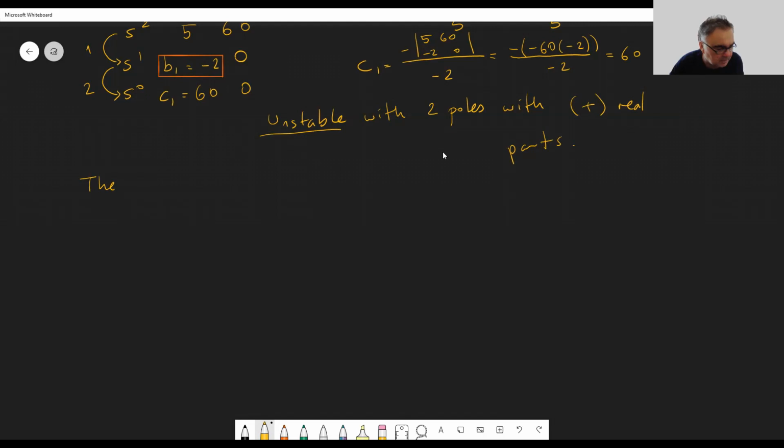Okay. And Hocam, one more question. The number of sign changes is the amount of positive real parts, like the number of poles with positive real parts, right? Yes, I will write this down.